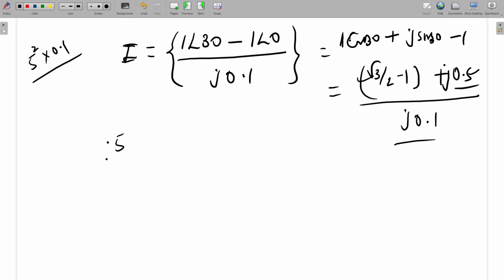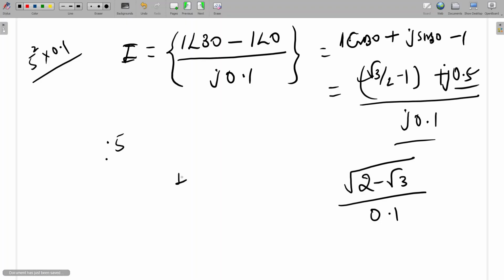Magnitude will be root of root 3 by 2 minus 1 whole square plus 0.5 whole square. So this one I am getting 2 minus root 3 under root at top, and below magnitude will be 0.1.